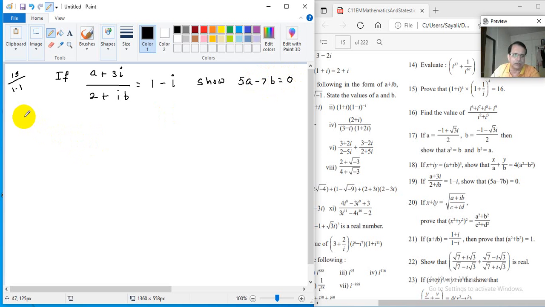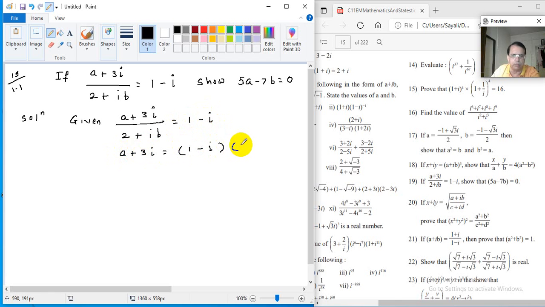So now what is given? Solution. Given that (a plus 3i) divided by (2 plus ib) is equal to 1 minus i. So cross multiply. So it is a plus 3i is equal to (1 minus i) into (2 plus ib).